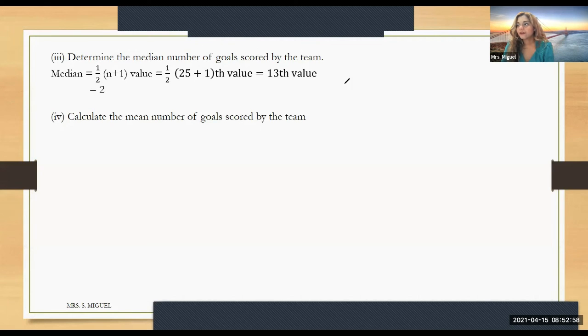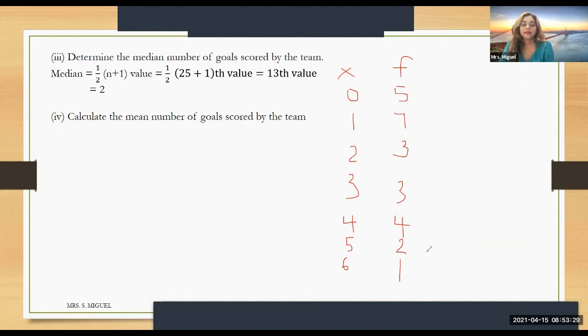I have the goals, which are 0, 1, 2, 3, 4, 5, and 6. These are my x values. The corresponding f values are 5, 7, 3, 3, 4, 2, and 1.